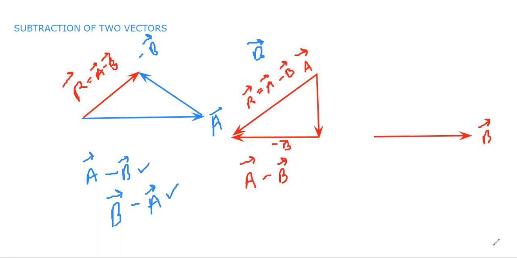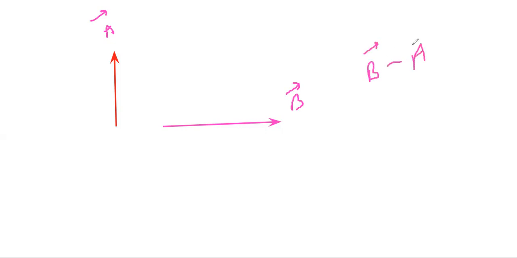Understood? Let us take one more example. Suppose this is your a vector and this is your b vector, and you want to find b minus a. The question is to find b vector minus a vector.